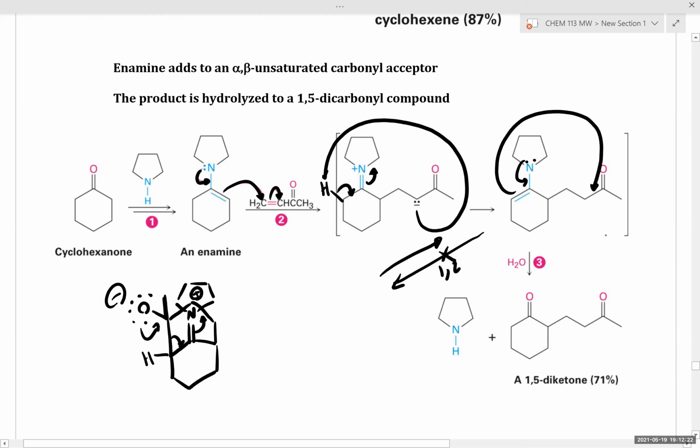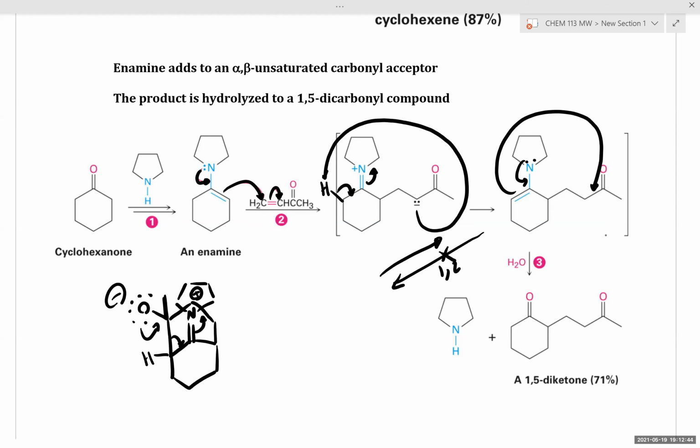So the benefit of the Stork reaction is it allows you to perform a conjugate addition reaction under mild conditions. It favors alkylation and reaction at the least substituted alpha position, and it allows us to isolate the diketone for use in later reactions.